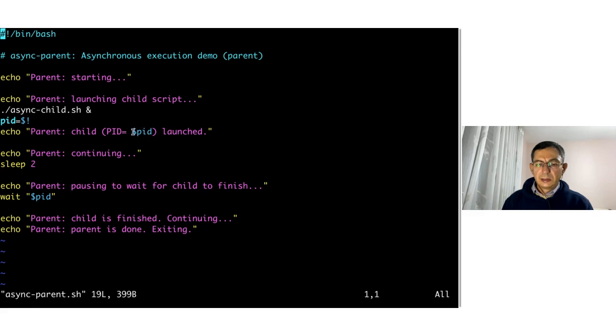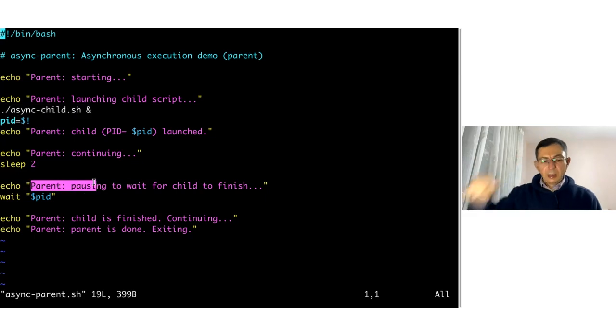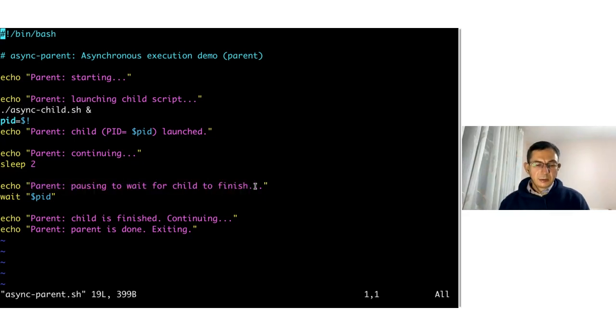Then we print this message: the child with this process ID is launched, parent continuing, and then we wait for 2 seconds. Remember that the child was waiting for 5 seconds, so it is still running. After this command is finished, the child is still running for 3 more seconds. Then the message "parent pausing to wait for child to finish". Then we use the command wait, which takes the process ID of another process as an argument.